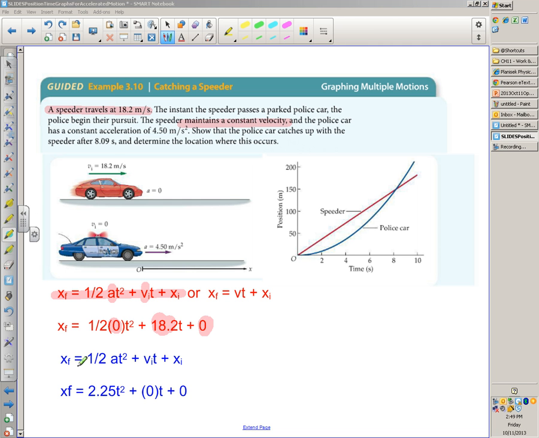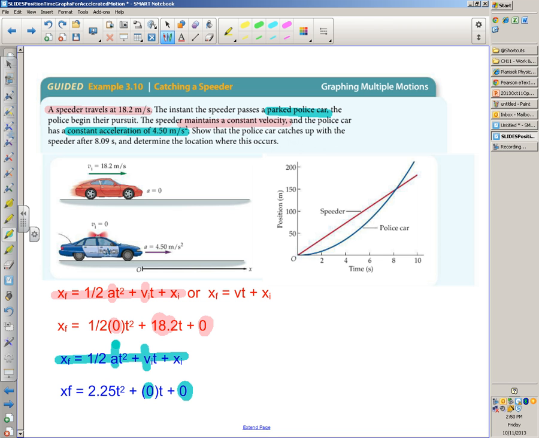For the police car, there's the general equation, right? What was the police car doing when the speeding car passed him? He was parked, right? A parked police car, meaning that his initial velocity was 0. They both started at the same spot, so they both have the same initial position. But now it tells us constant acceleration of 4.5.